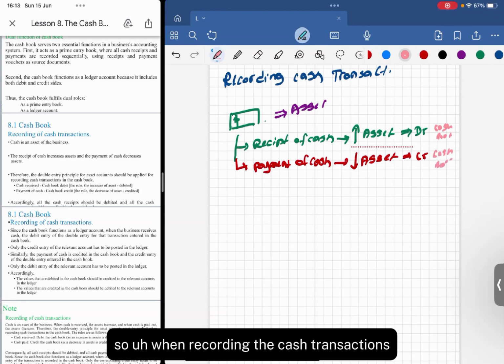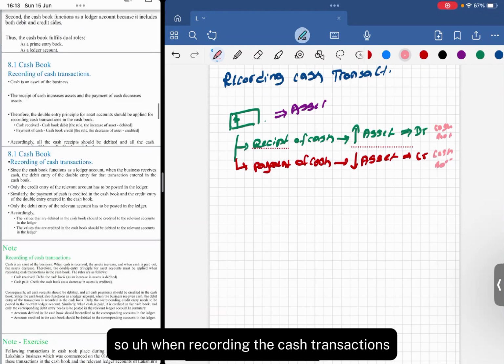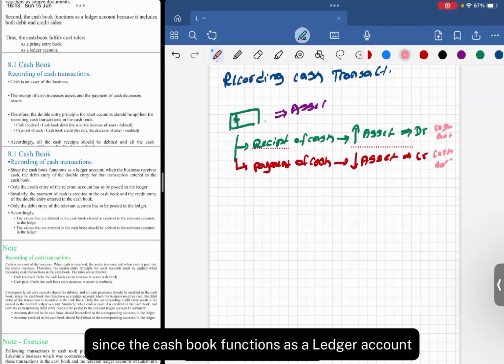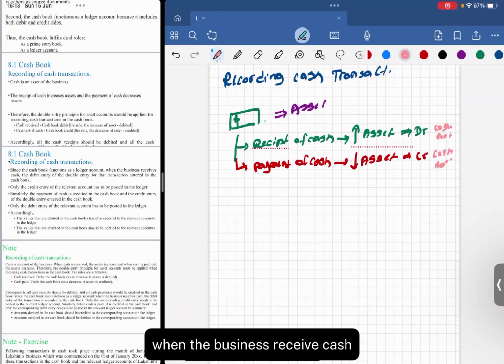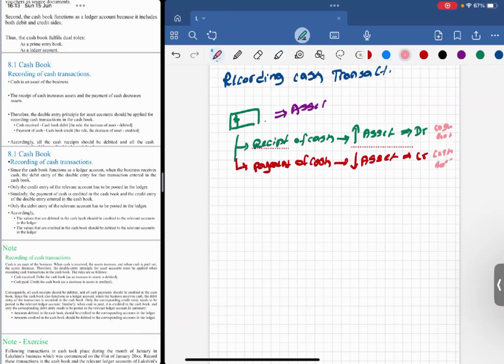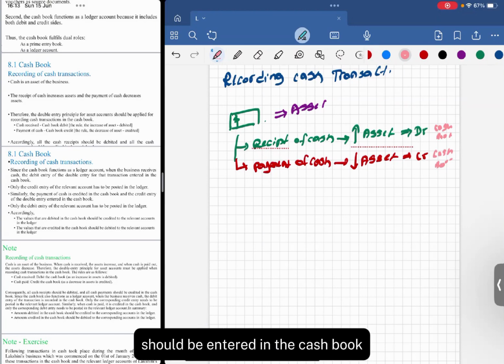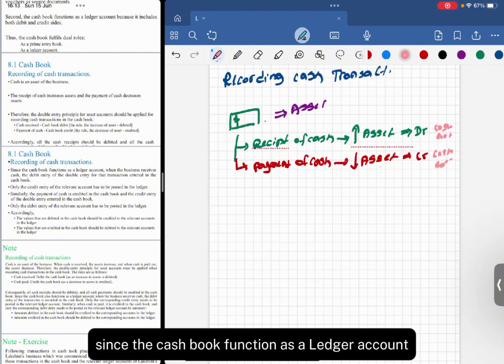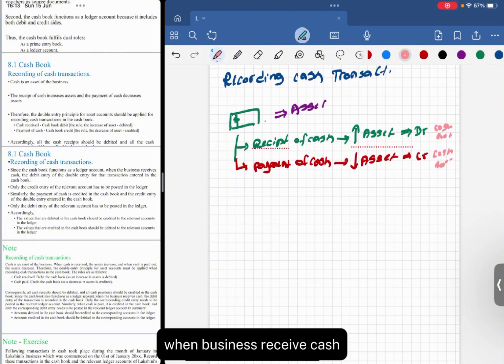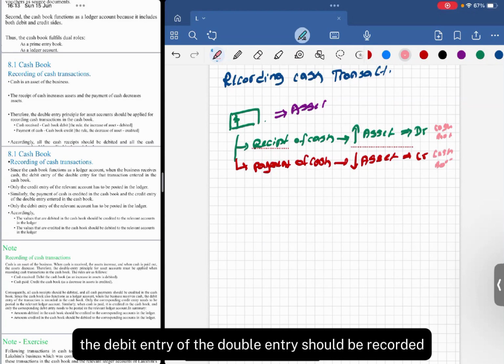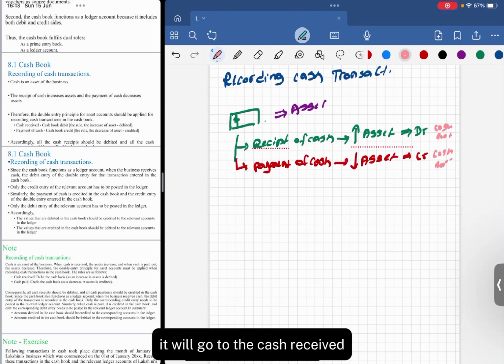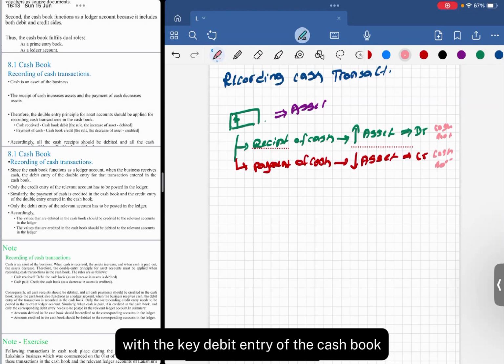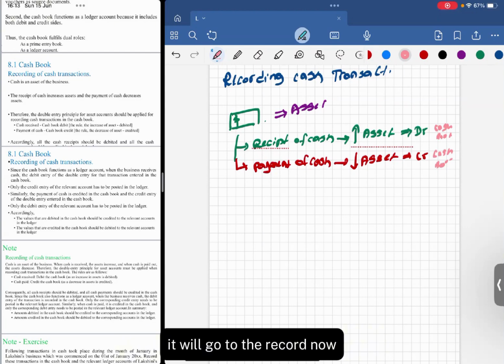So when recording the cash transactions, since the cash book functions as a ledger account, when the business receives cash, the debit entry of the double entry should be recorded in the cash book. එතකොට cash receive වෙද්දී ඒකේ debit entry cash book එකේ record කරනවා.